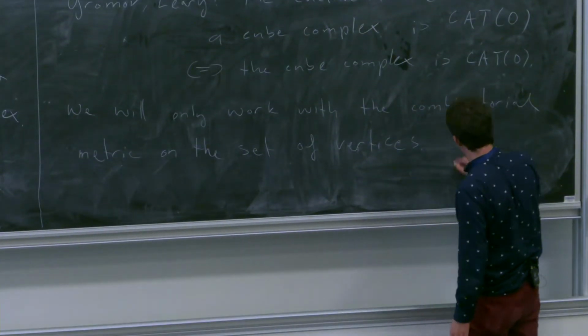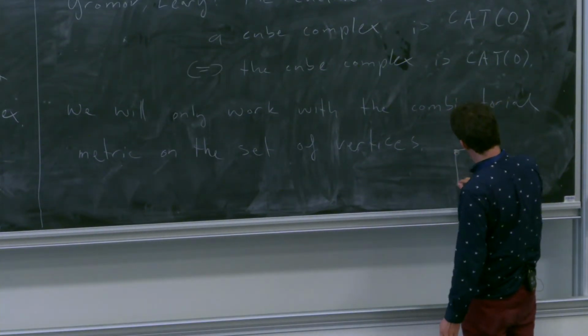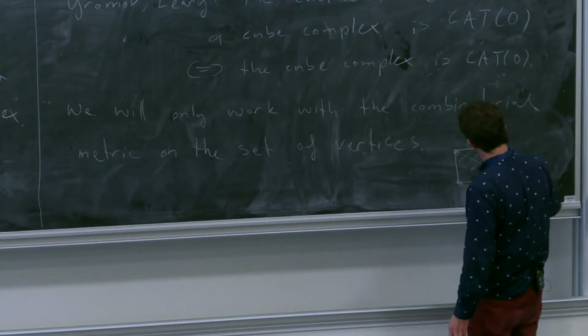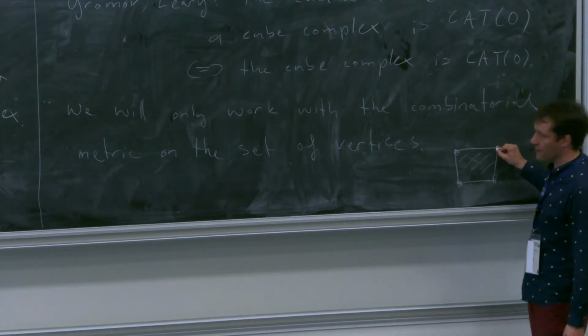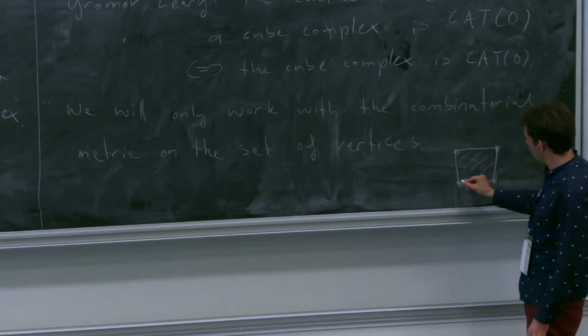If you have a square here, then the distance between these two vertices is 2, because of 1, 2. It's not a square root.